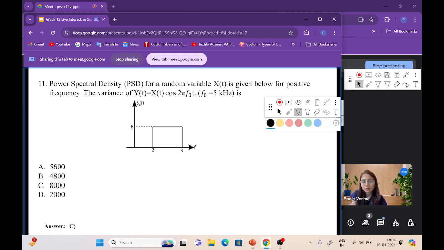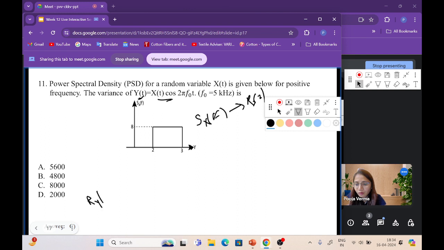How can we calculate it? Already we know that the power spectral density and autocorrelation function make a Fourier transform pair. So in order to determine the frequency component or variance of a signal, we need to find the autocorrelation of this signal y(t). So how can we find it?